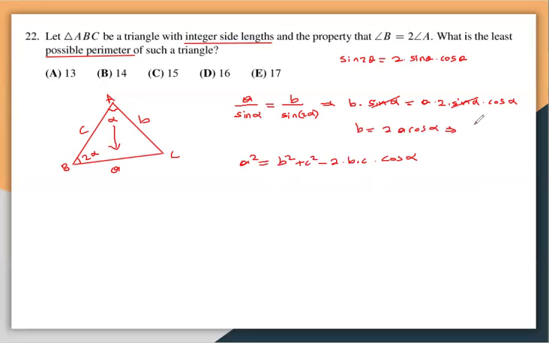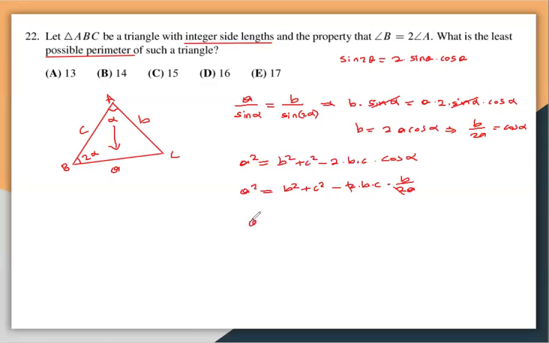If I divide by 2a, then b over 2a will be cosine alpha. So now we are going to plug it right here. That will give us a squared is b squared plus c squared minus 2 times b times c, and that will be replaced with b over 2a. So we can cancel this. Let's multiply by a.